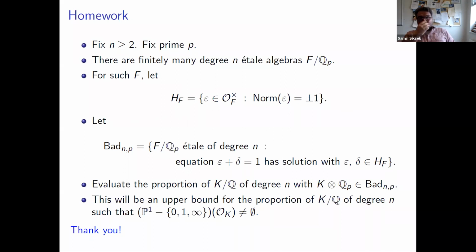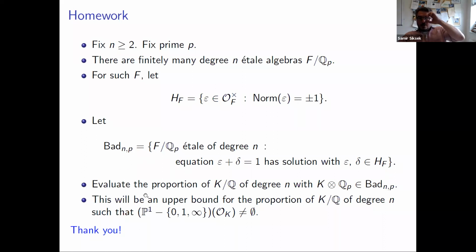I'm not sure whether I should call this bad or good, but this set is the set of the étale degree n algebras over Qp where the equation epsilon plus delta equals 1 has a solution with epsilon and delta in H. So if you fix your n and p, in principle you can write down all of the étale algebras, and in principle, I'm sure you could write down this bad set.